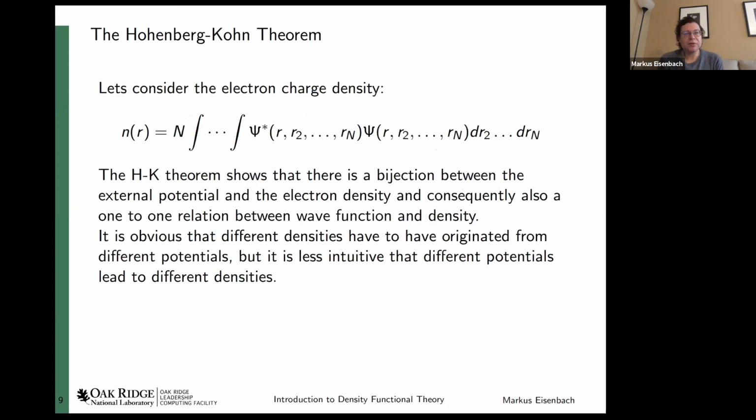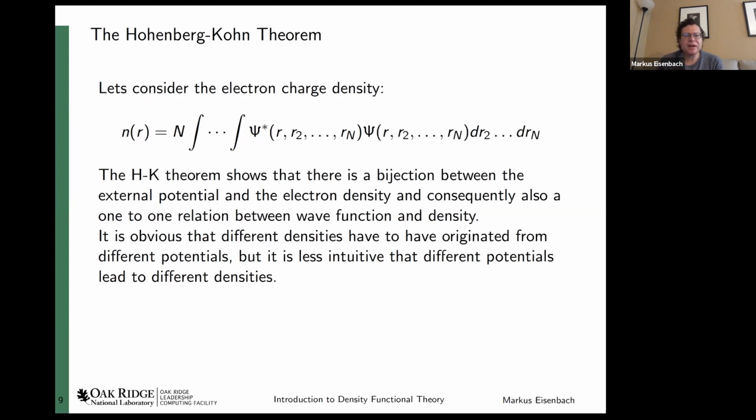And the Hohenberg-Kohn theorem now shows that there's actually a bijection between the external potential and the electron density, and also consequently a one-to-one relationship between the wave functions and the densities.